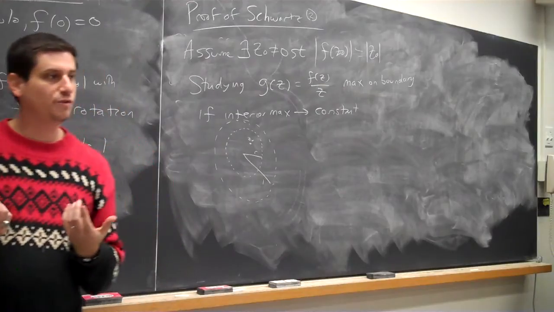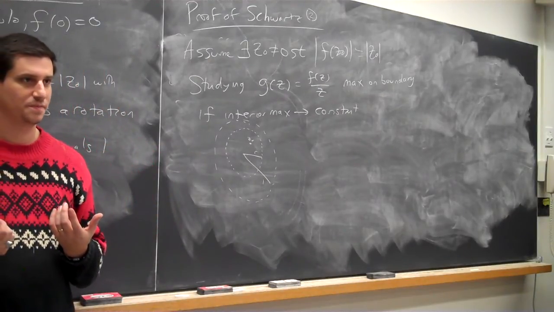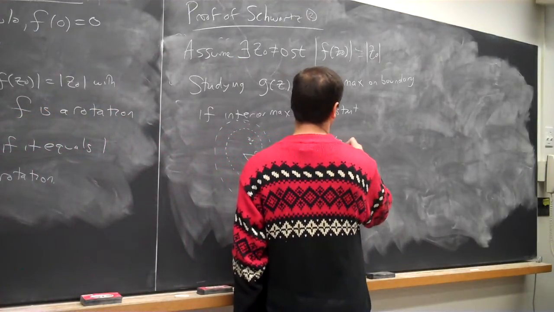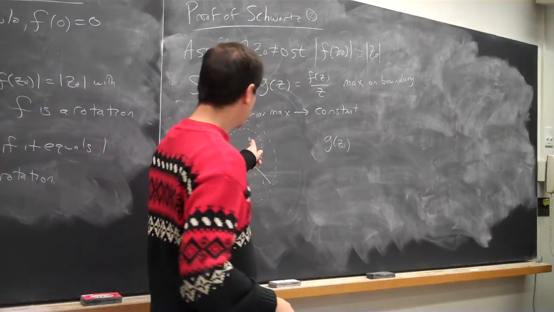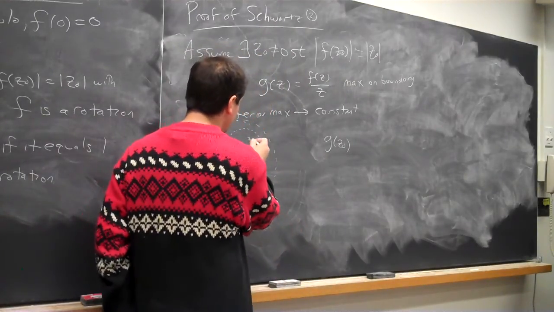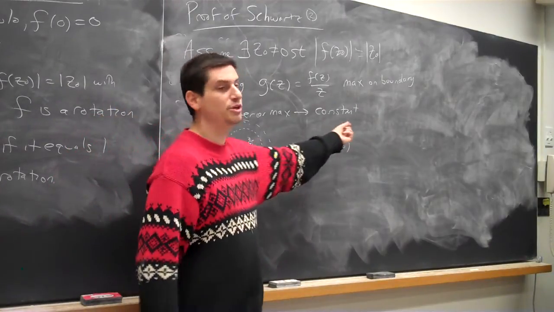But holomorphic functions map open sets to open sets. So if I look at the function g of z0, that's mapped to 1 here. So if I look at a small neighborhood about z0, that's got to be mapped to a neighborhood about 1.